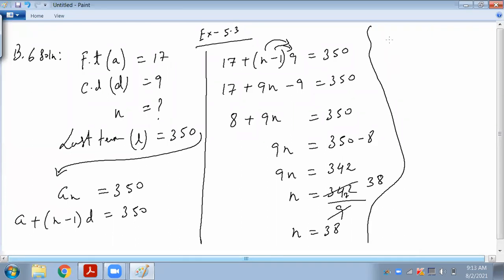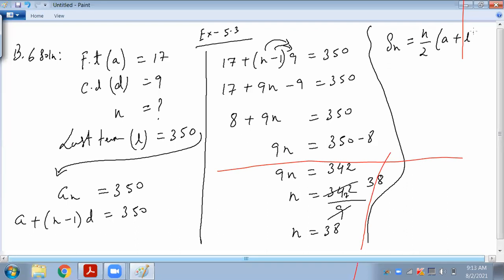Now we know what Sn is equal to. Sn is equal to n by 2 (a plus l). Now why are we going to use this formula of the sum? Because we know the first term and the last term.